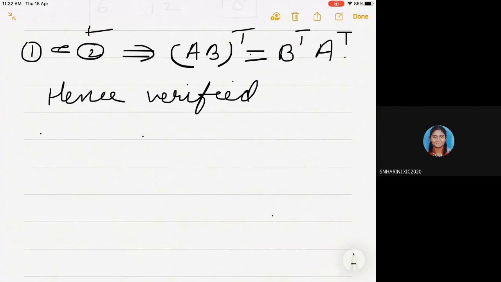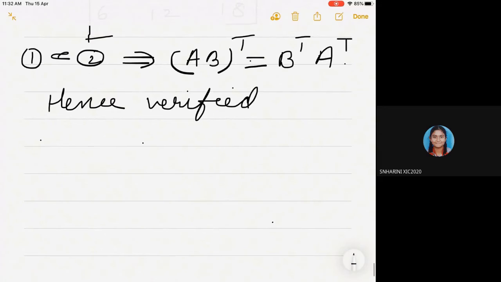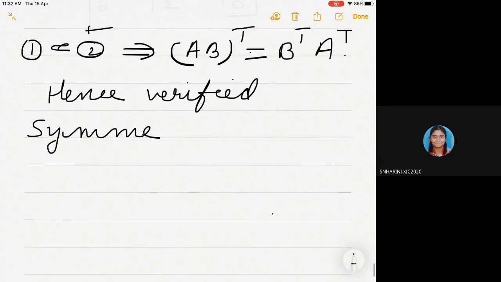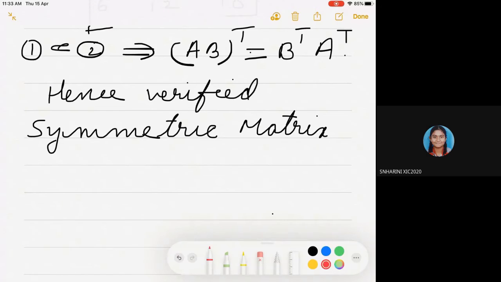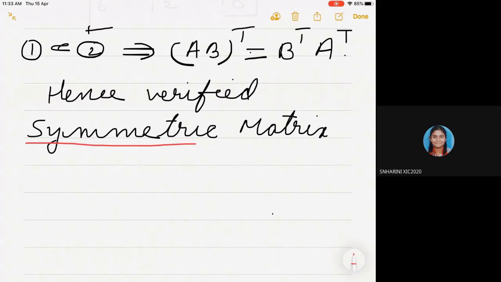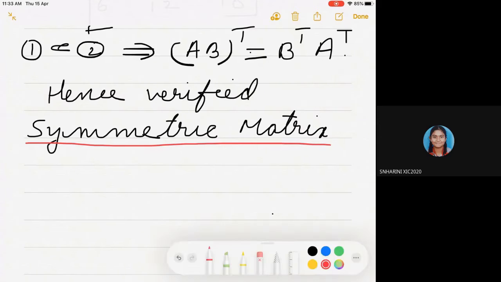Next is another type of matrices. The first type is the symmetric matrix. What do you mean by a symmetric matrix?